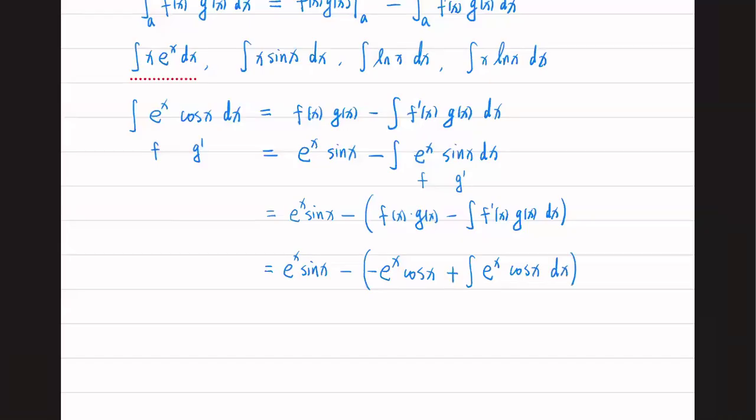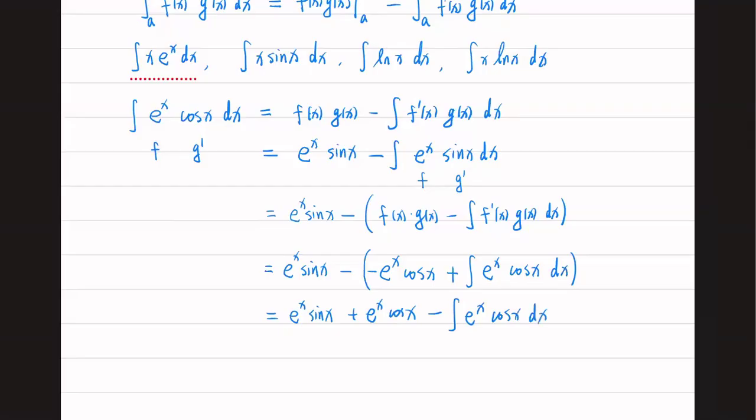Okay, now let's drop the parentheses. Okay, Sakina, let's drop the parentheses. What do we get? Okay, it's cosine x.